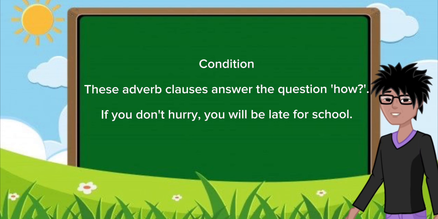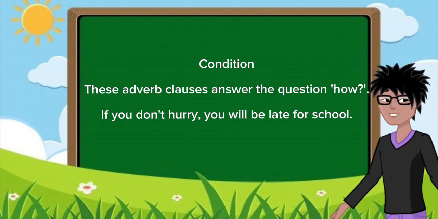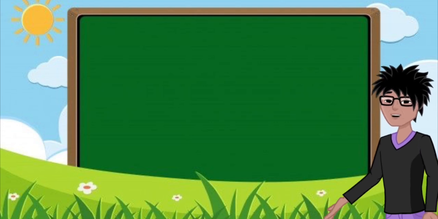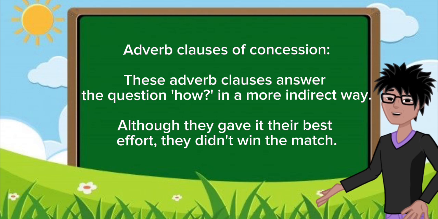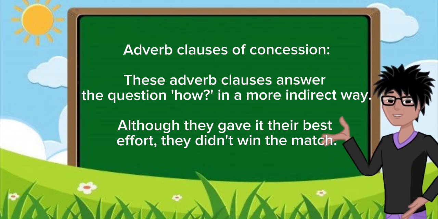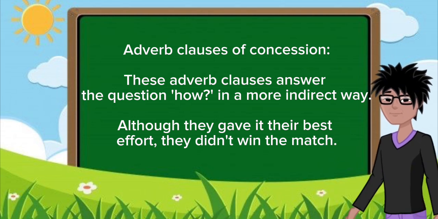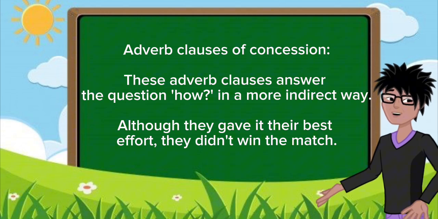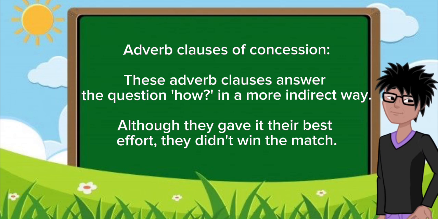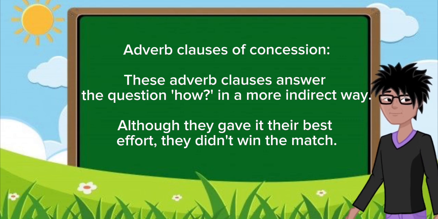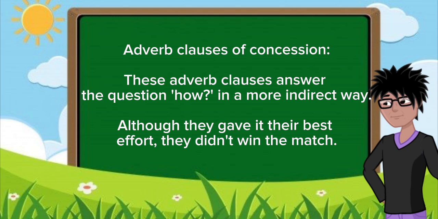Example. If you don't hurry, you will be late for school. Adverb clauses of concession. These adverb clauses answer the question how in a more indirect way. Example. Although they gave it their best effort, they didn't win the match.